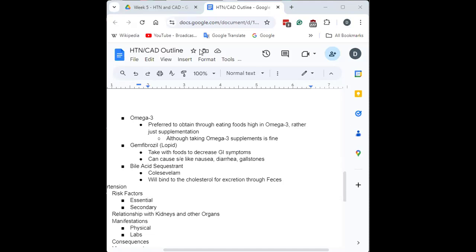And then any questions on anything we talked about? I'll be more specific by saying it works by preventing their reabsorption.